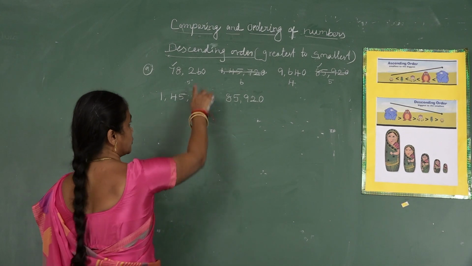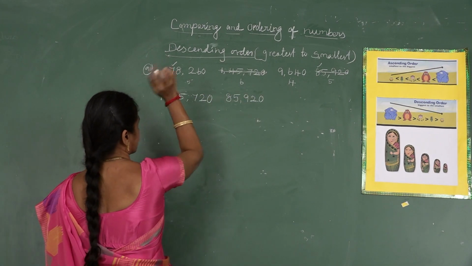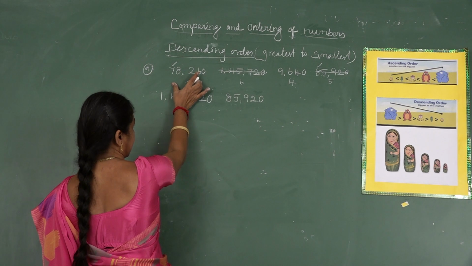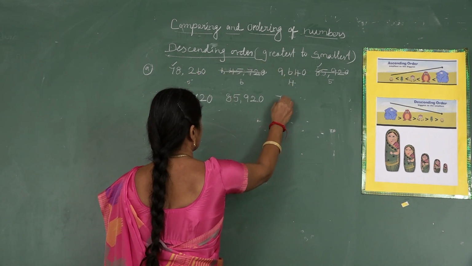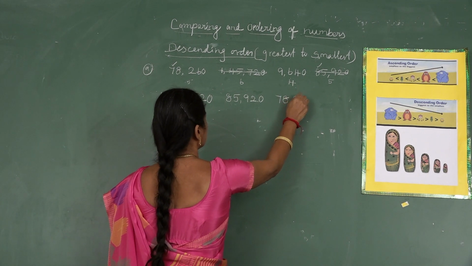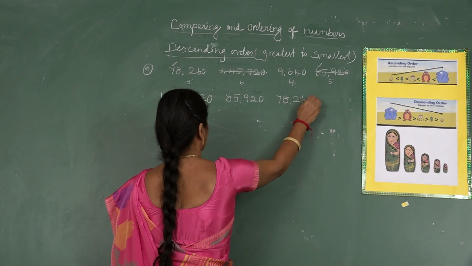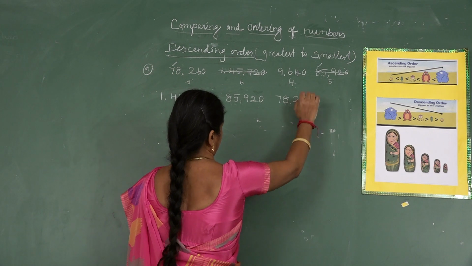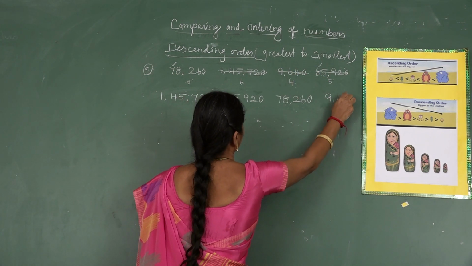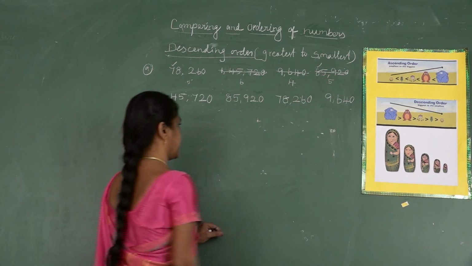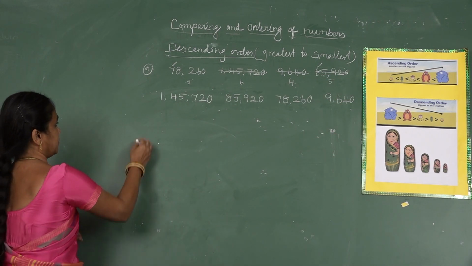Now we have 2 numbers. This 5-digit number is greater than this number. So we write 78,216. In the third place, we write 9,640 at last. Let us see another example.